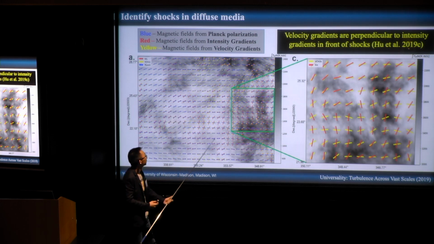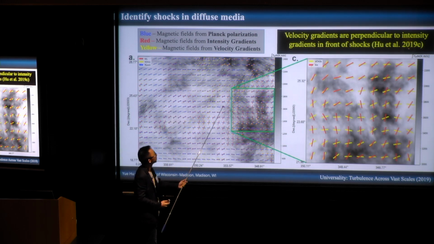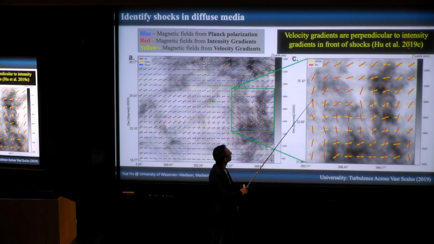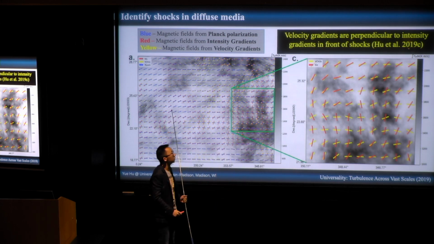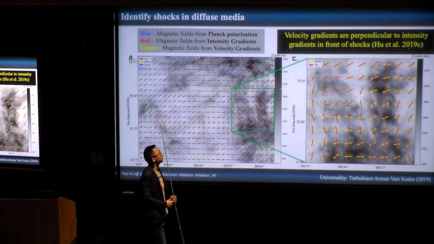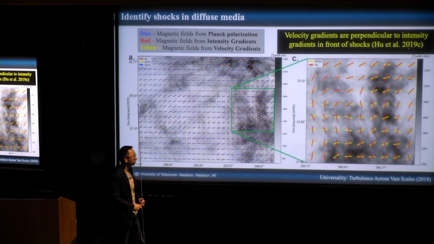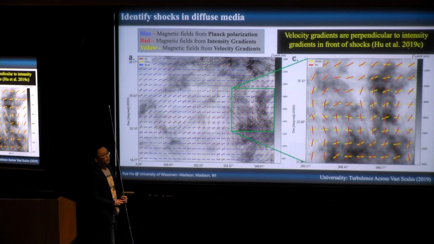Of course, here I rotated both the intensity gradients and the velocity gradients by 90 degrees. The red vector is the intensity gradients, and the yellow vector is the velocity gradients. We can see that the velocity gradients become perpendicular to the intensity gradients. So that provides a new way to identify the shocks in the interstellar medium.